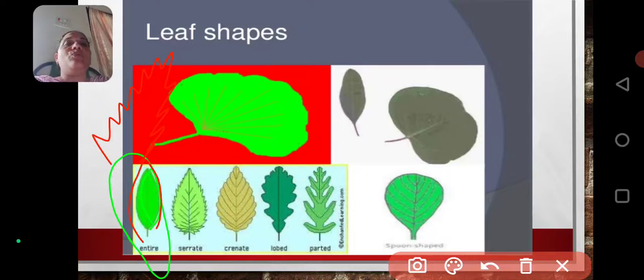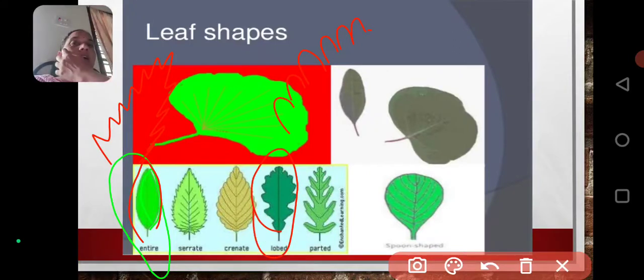Next one is crenate leaf margin. This is step-like, like this. Next, lobed. This is a lobed leaf shape. And this is the parted leaf shape.